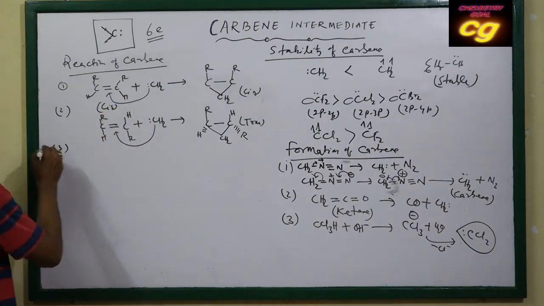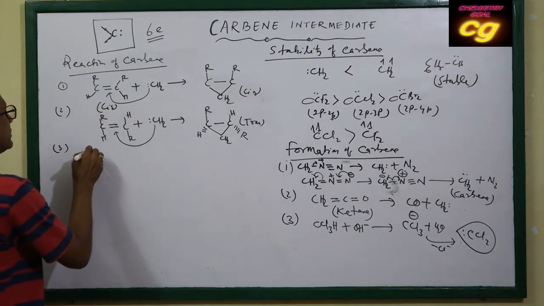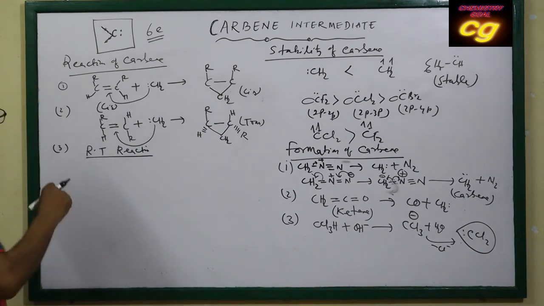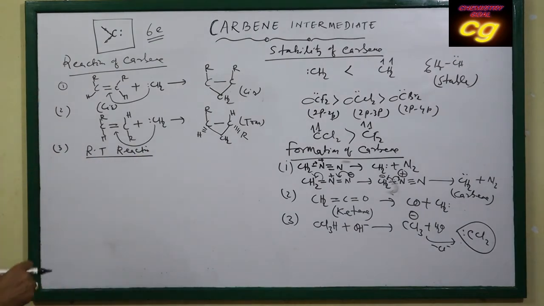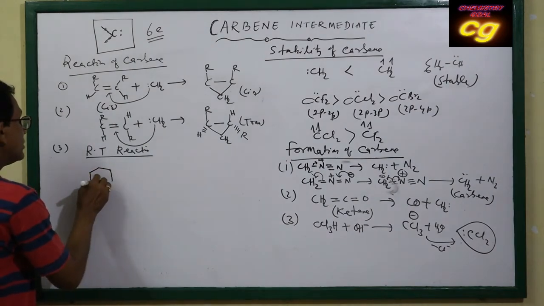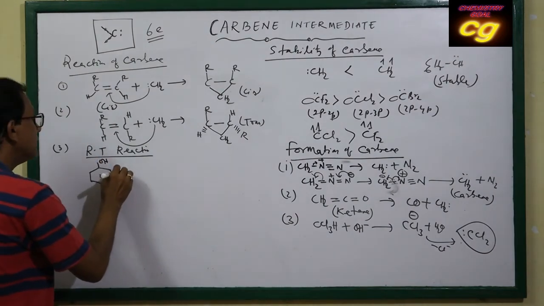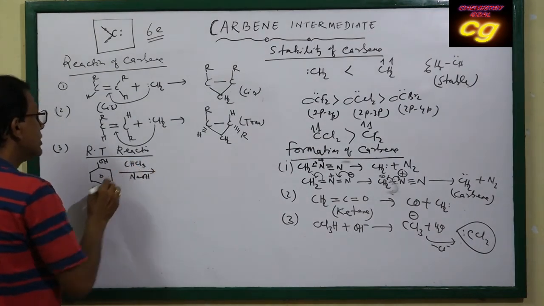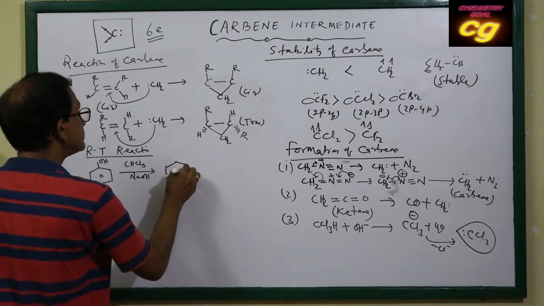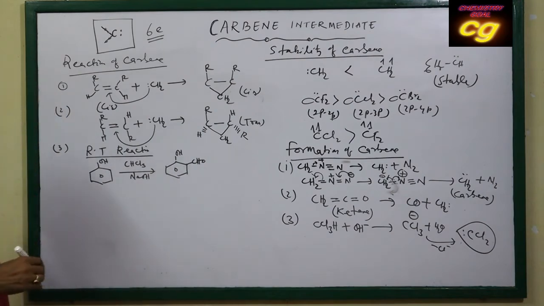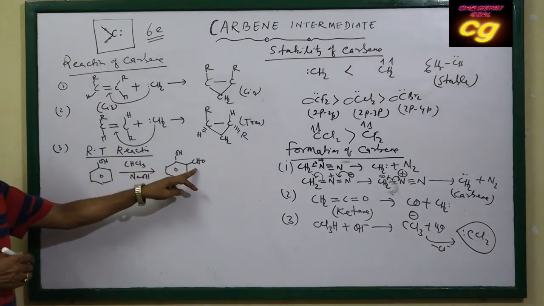Then you already know the Reimer-Tiemann reaction, which you have already read. In short form it is called the RT reaction, and it is mainly shown by phenolic compounds. When phenol reacts with chloroform in the presence of NaOH, the product is this, with substitution of CHO.